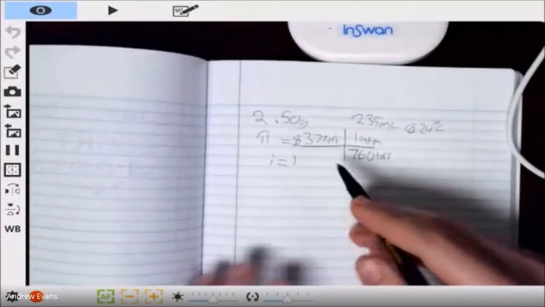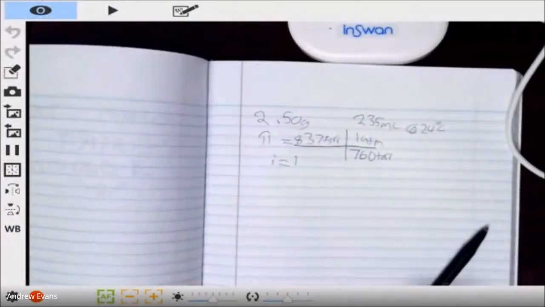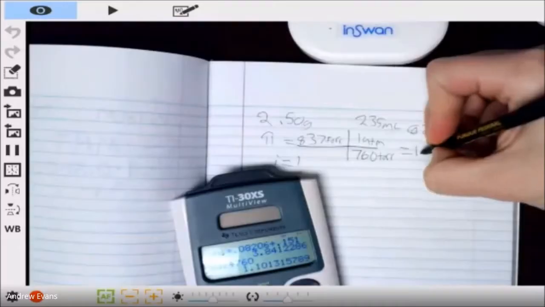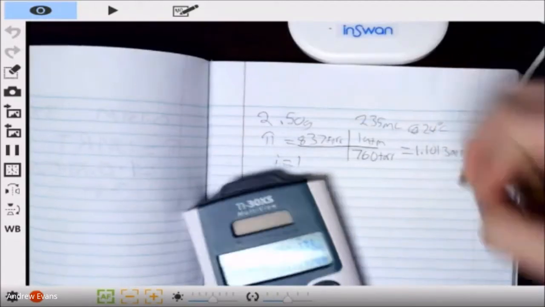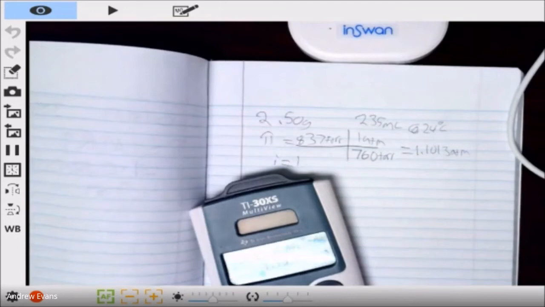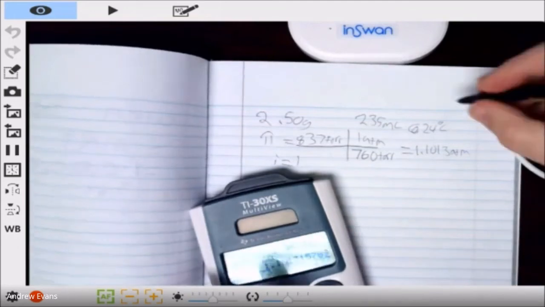The first thing I'm doing is converting 837 torr to atmospheres. That's 1.1013 atm. 24 degrees is 297 Kelvin.